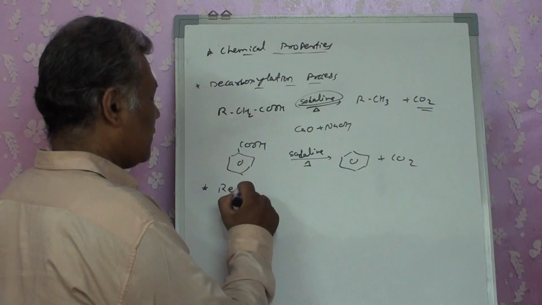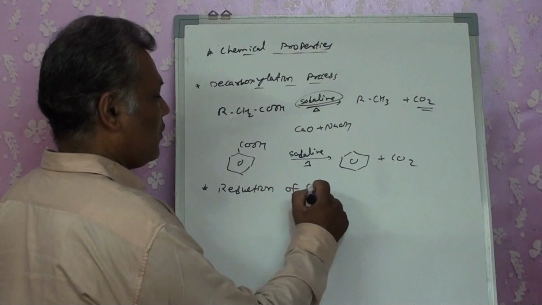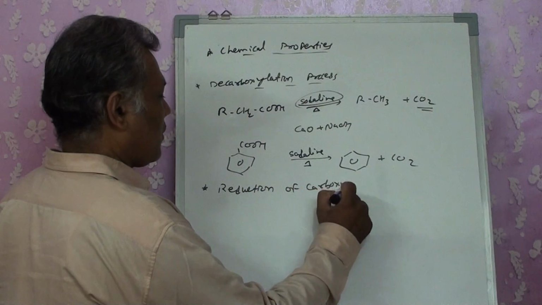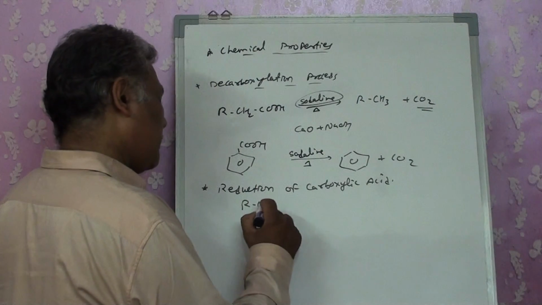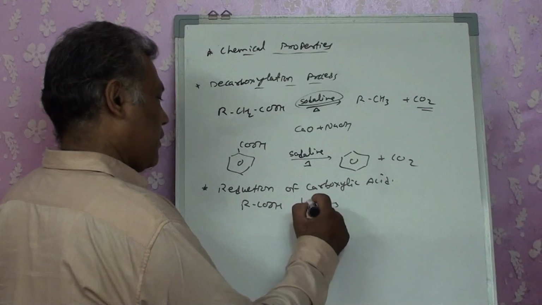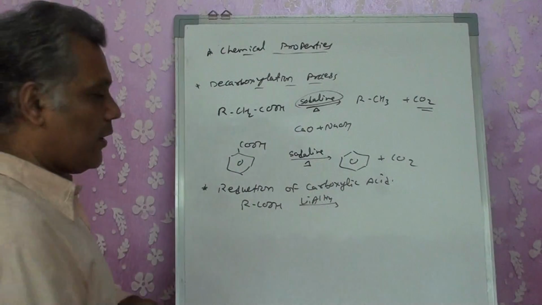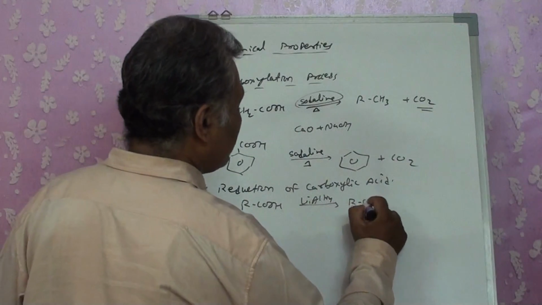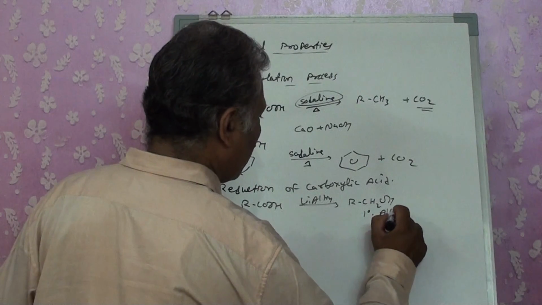The next one is reduction of carboxylic acid. Now reduction means a strong reducing agent will be used, LiAlH4. It gets converted into alcohol, but it will always produce primary alcohol.